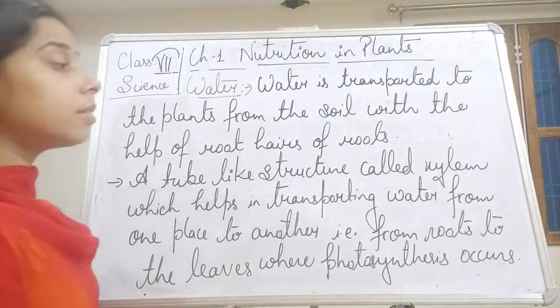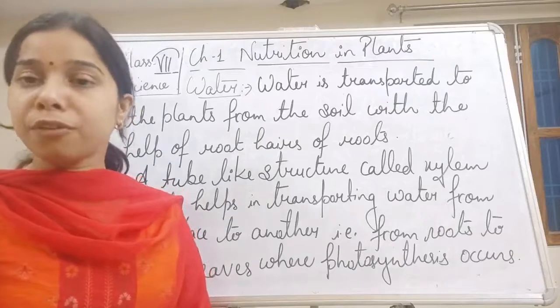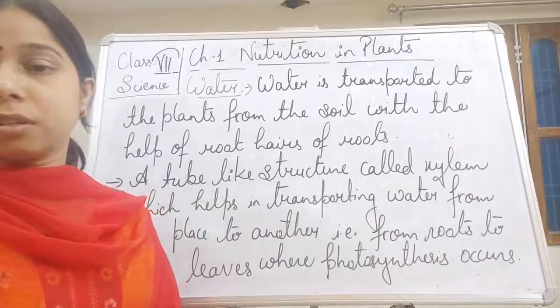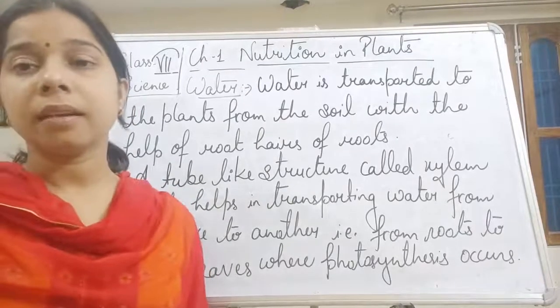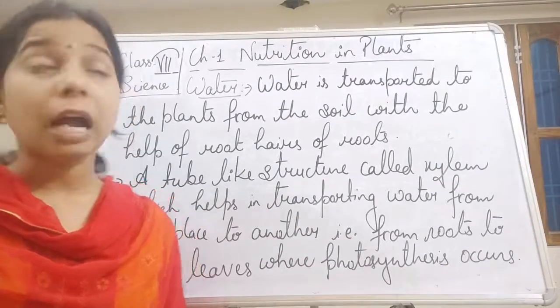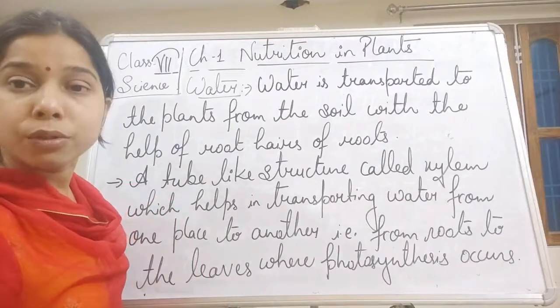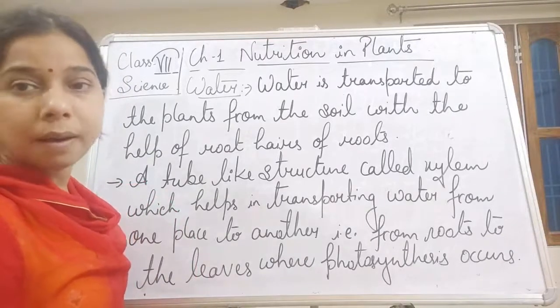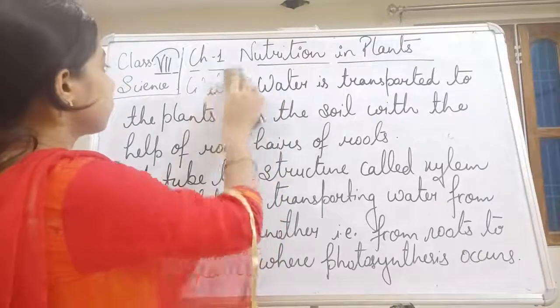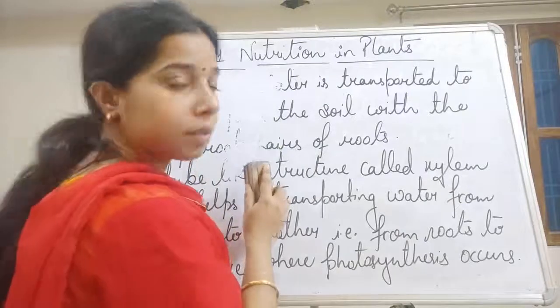So it is the xylem vessel which carries the water from the roots to the leaves. So this is how a plant obtains the water and what is its role. Now let us see what is the role of chlorophyll in the plant. Role of chlorophyll, students.